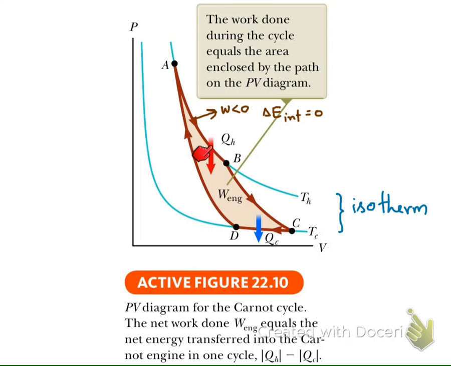When the volume reaches point B, we take away the hot reservoir and let the system make a further expansion. And this expansion is an adiabatic process.